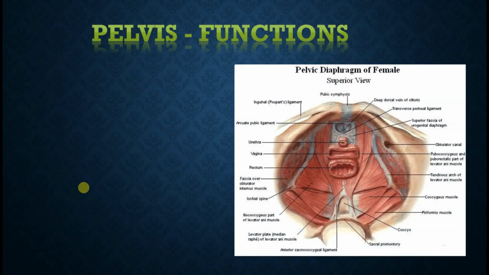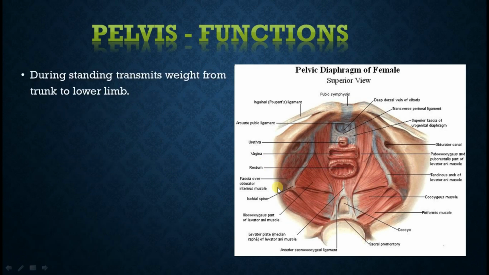Now, what is the main function of the pelvis? During standing, your weight is transmitted from the trunk to the lower limb. It is via the bony pelvis, because the center of gravity acts from the head, through the neck, then the vertebral column, and comes to the sacrum.